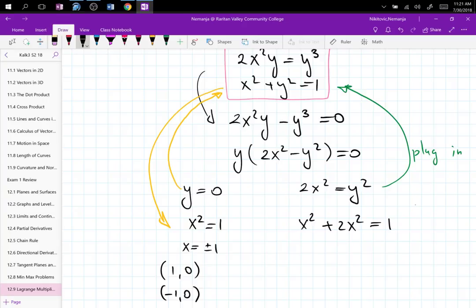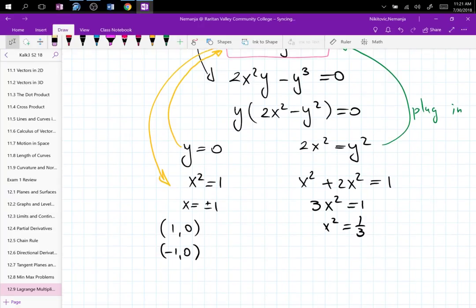This is what I said, the methods are different than what you are used to, using substitution in your algebra class, to solve for x and then plug everything in. Well, over here you solve for y squared. Because this has y squared and this has y squared, so you swap it as a block. The y squared from here gets replaced by this 2x squared. So now to solve this, we have 3x squared equals 1. x squared is equal to 1/3.